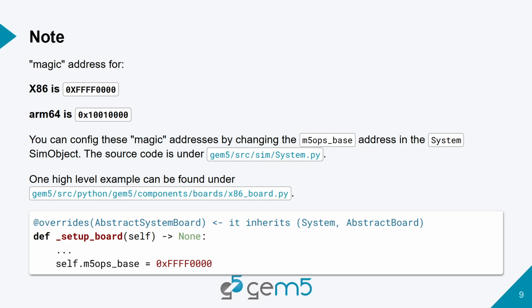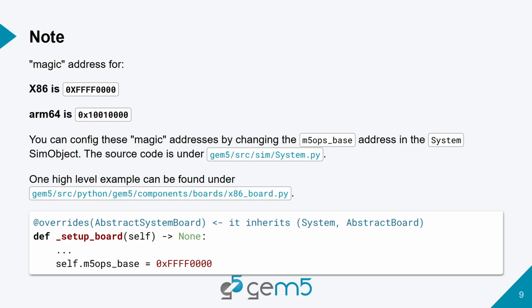Of course, like many things in gem5, we can configure this magic address by changing the m5ops_base address in the System SimObject. The source code of that can be found in the src/sim/System.py file.